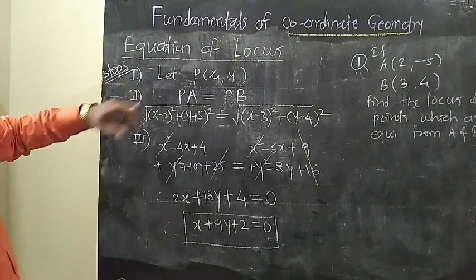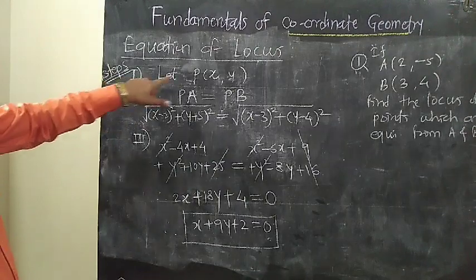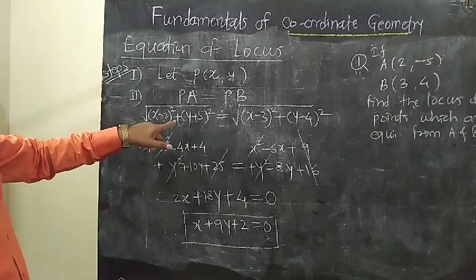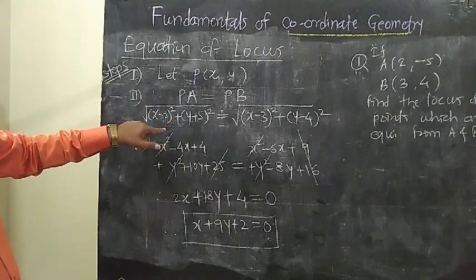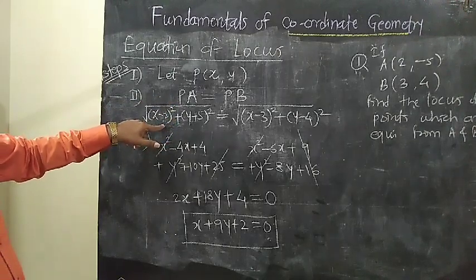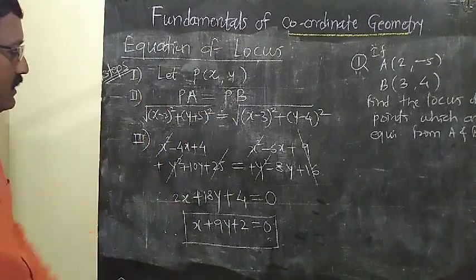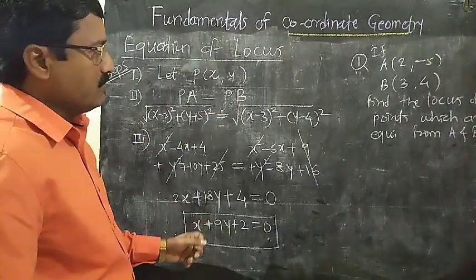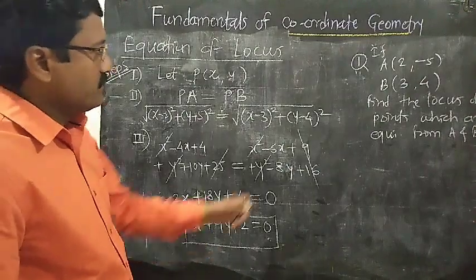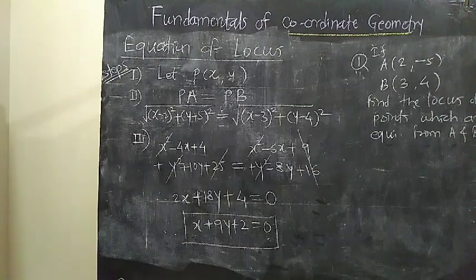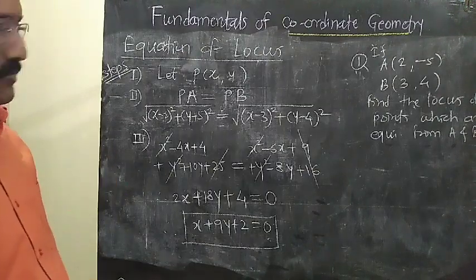In the first step, once again I will take that, take any point of the required locus, write the geometrical condition in algebraic form related to that locus, and simplify that condition. You will get the locus or equation of points which satisfy the given condition. So this is one example of locus.